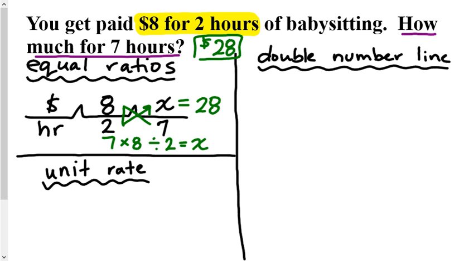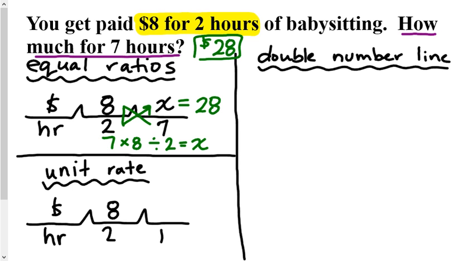Now, let's look at a couple of other ways of doing that. So looking at the unit rate, this is really similar. We're still going to say $8 for 2 hours is equal to how much money for 7 hours. But before we get to that part, we're going to figure out, well, how much money for 1 hour. That's where we're finding the unit rate. So we would say, well, 2 divided by 2, or times 1/2, is 1.